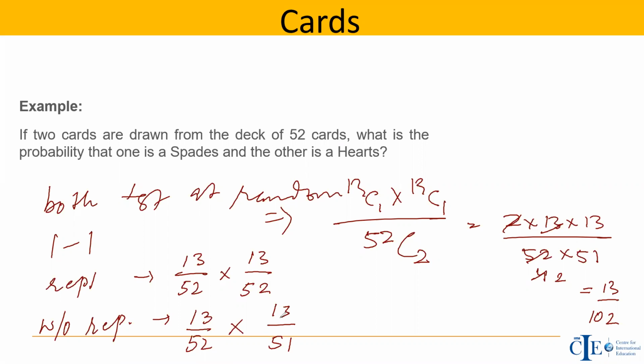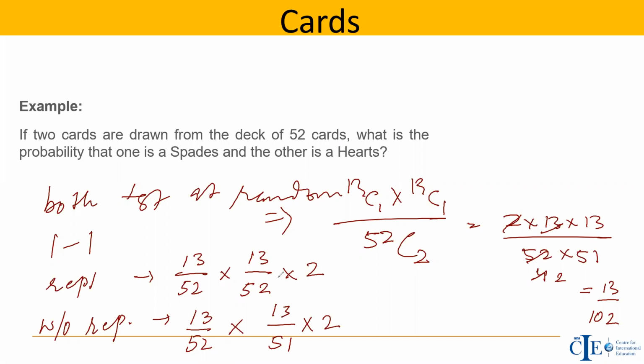Any hint why the without replacement case is wrong, or why Samyak's answer is still incomplete? Since the cards are different, there are two ways of drawing it. So the correct answer would be into two in either case.